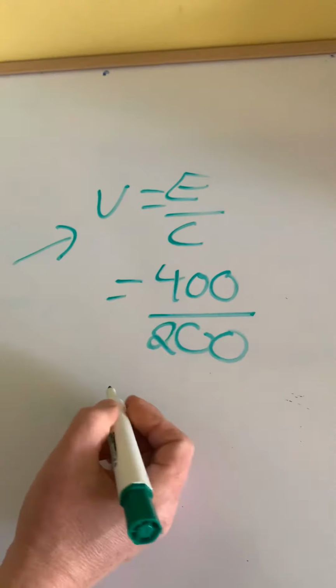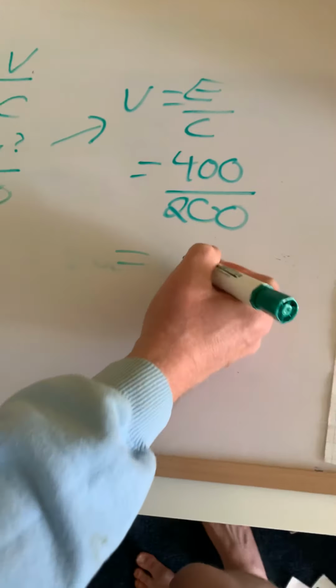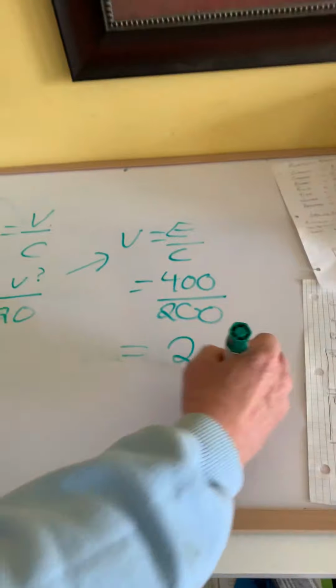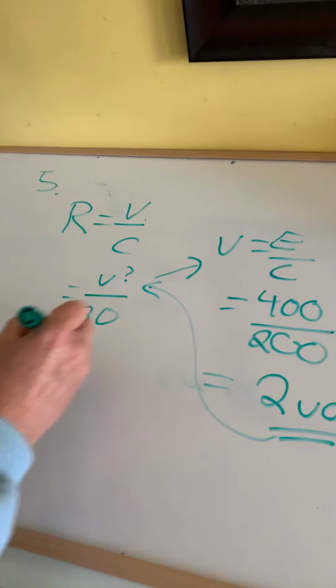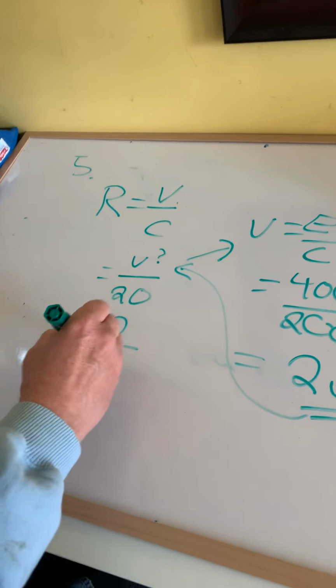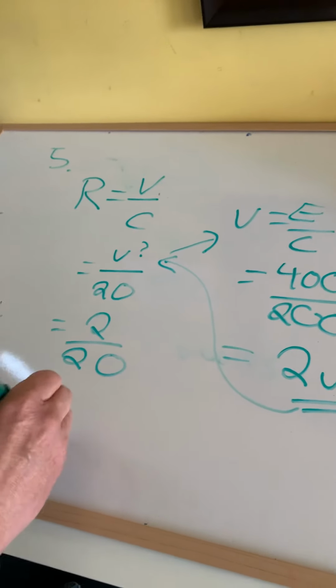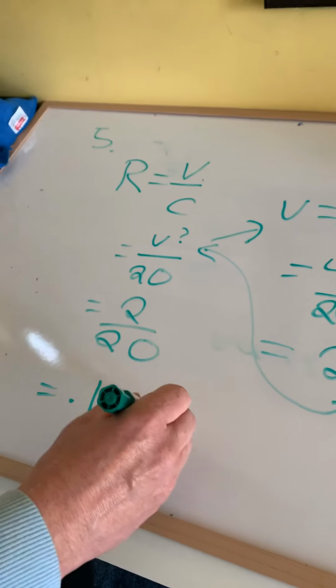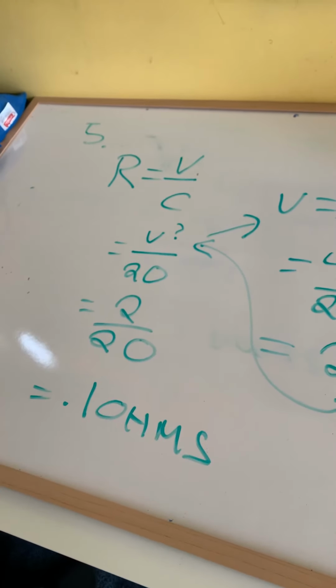A nice easy fraction to divide through. 400 divided by 200 is 2 volts. This we can then put back up there. 2 divided by 20 equals 0.1. And it's a resistance question, so we know it's 0.1 ohms.